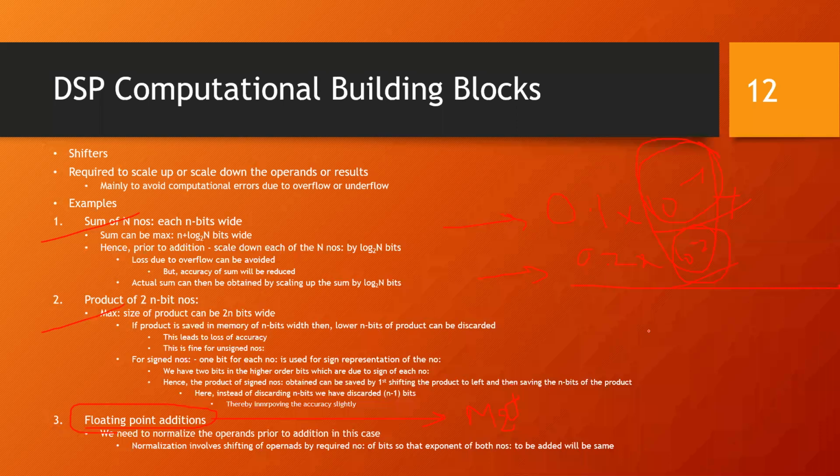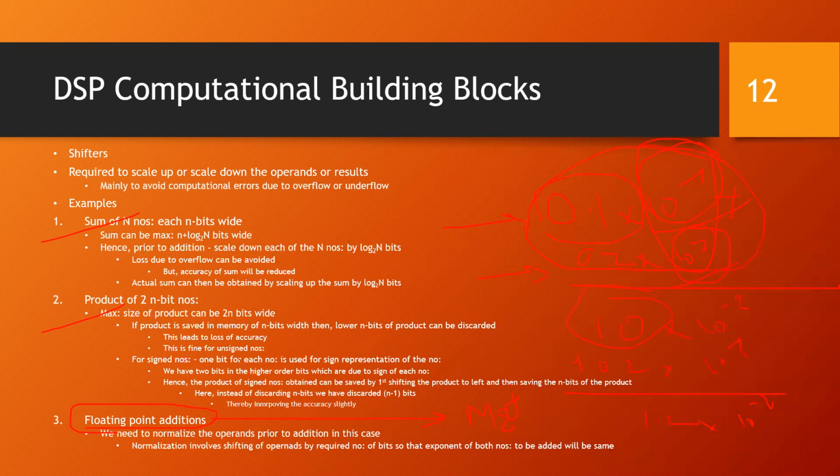So what I can do is 1.0 into 10 raised to minus 2 plus 0.2 into 10 raised to minus 2. So this will be 1.2 into 10 raised to minus 2. This direct operation I cannot achieve in this case. So in these cases also, what you are doing is scaling the numbers.